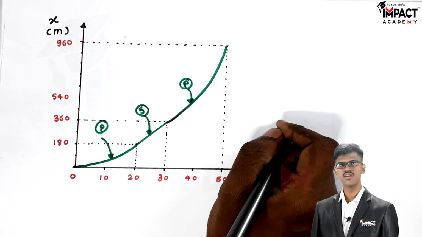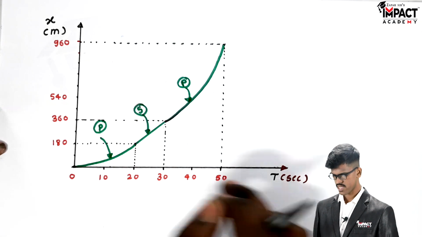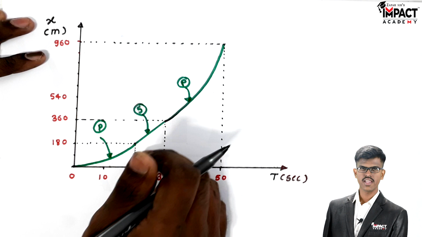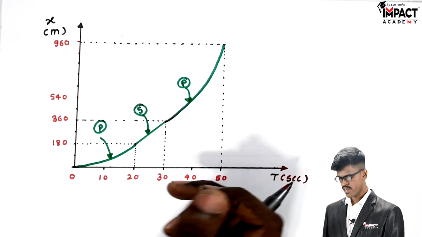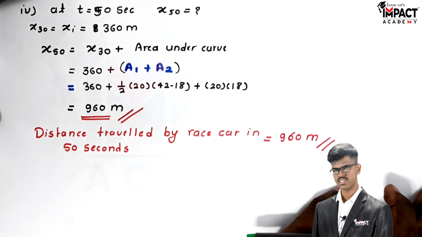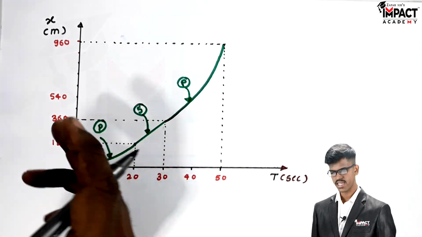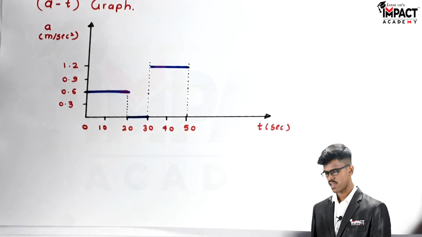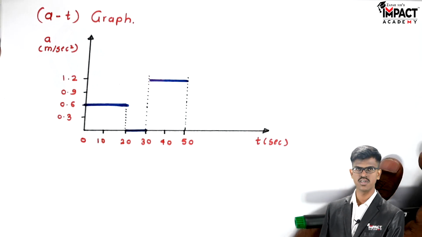So we get the final answer, that is the xt curve. We found the distance traveled by the race car in 50 seconds, that is 960 meter. We plot a graph of x and t, and we also plot a graph for the acceleration time curve. Okay, this is our final answer. Thank you.